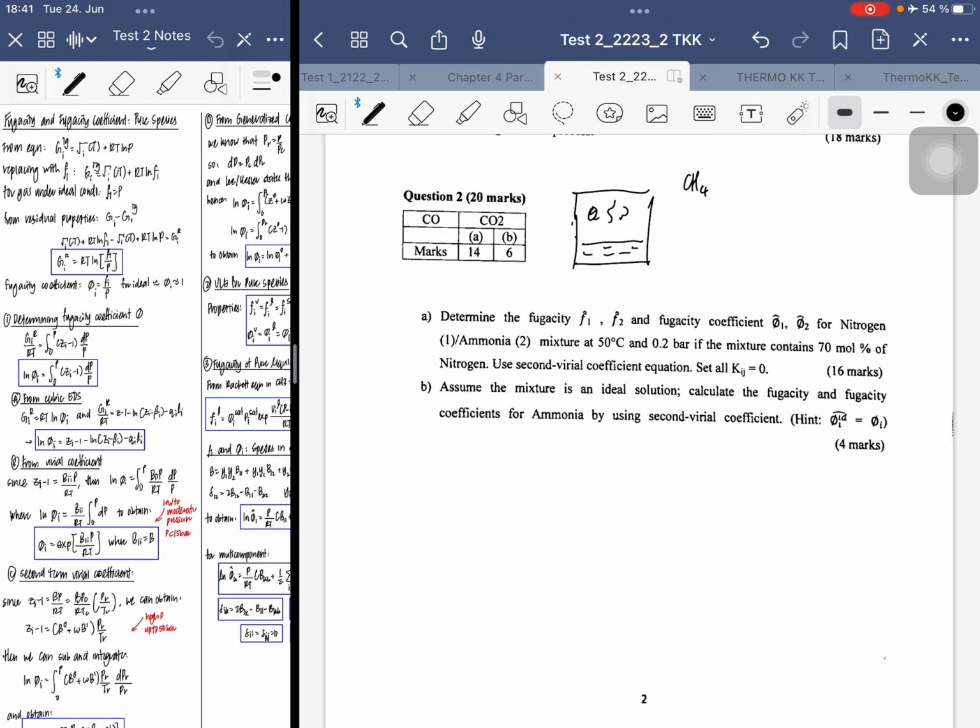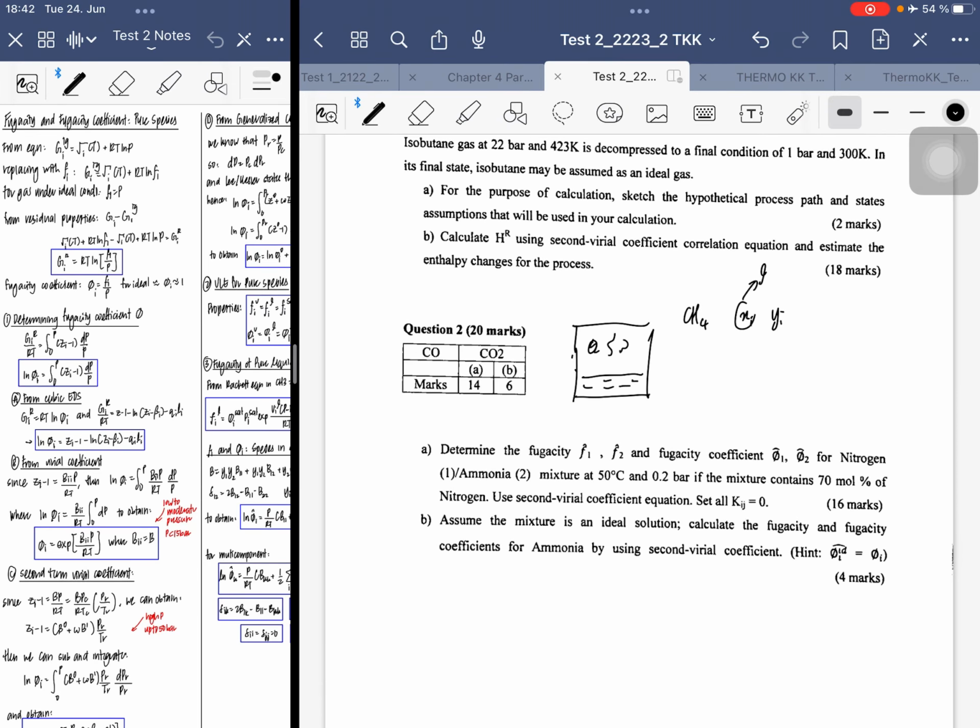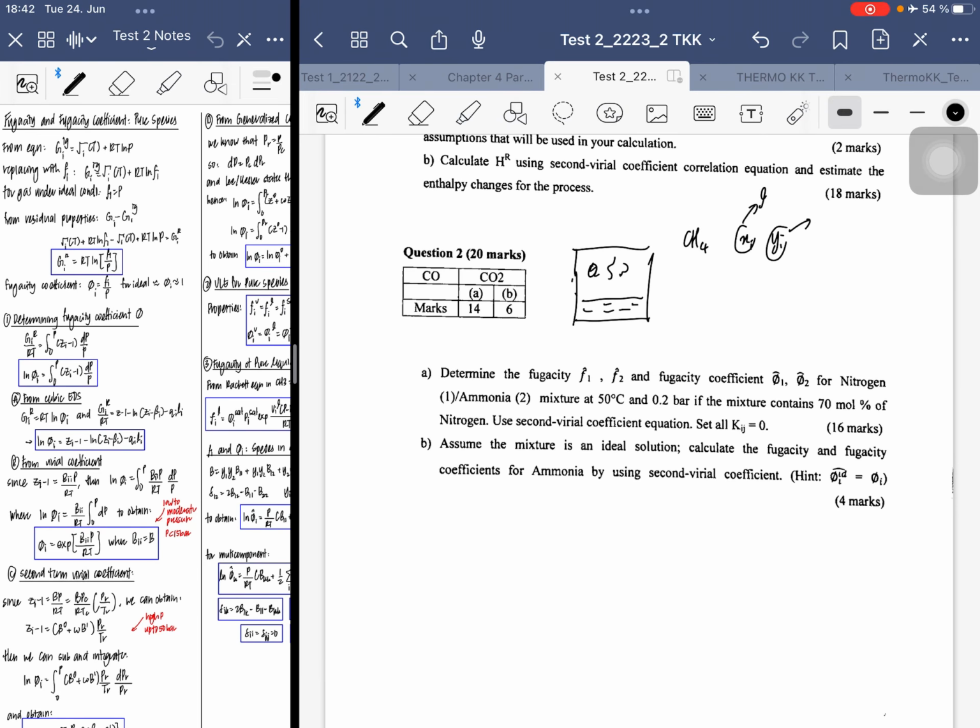So when we measure, say we have x and y, x being the molar fraction for the liquid state and y the molar fraction for the vapor state.